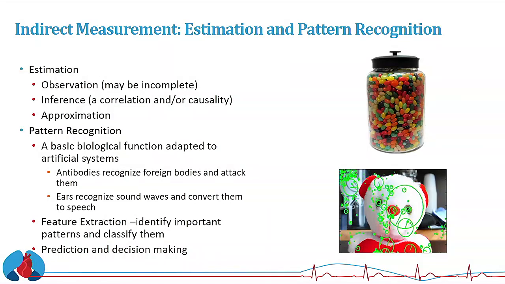We've adapted this pattern recognition to artificial systems so that we can detect usually very complex phenomena with a whole series of random data. So within pattern recognition, a huge part is feature extraction, in which you want to identify important patterns and classify them. And also you want to use pattern recognition for prediction and decision making as well. As with our direct measurement, it's all about decision making.